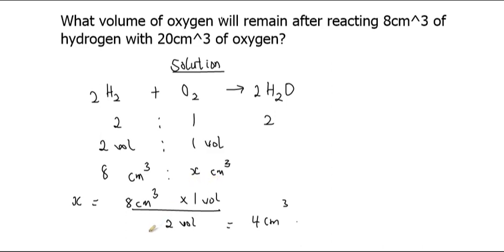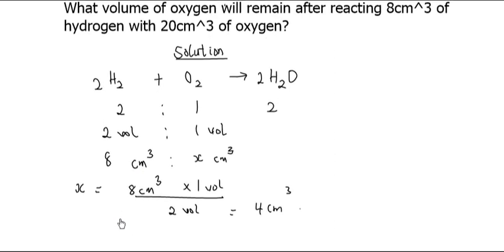So now if 4 cm³ of oxygen gas is being used and we are given 20 cm³ of oxygen, what is the volume of oxygen gas that will be left at the end of the reaction?